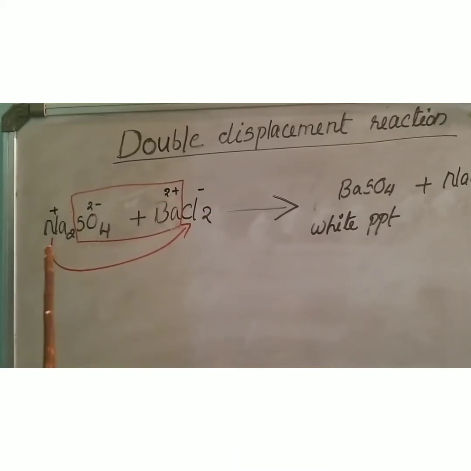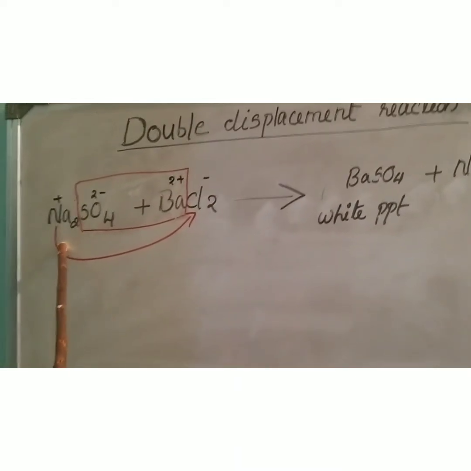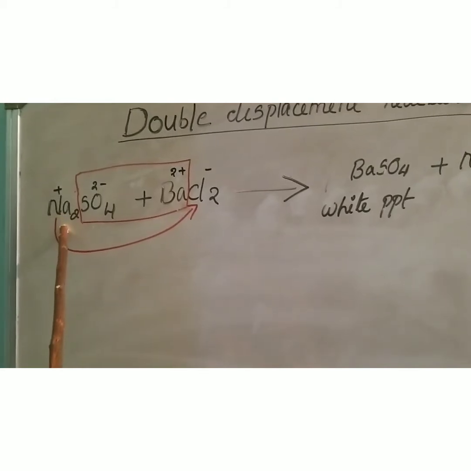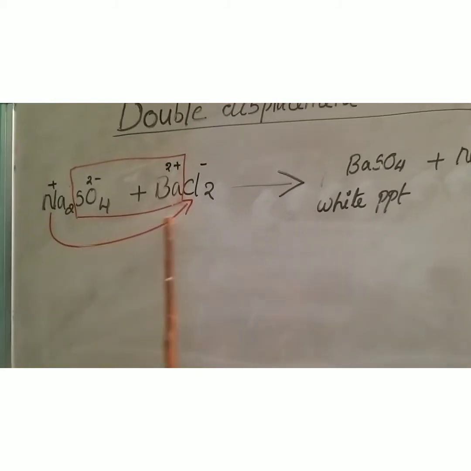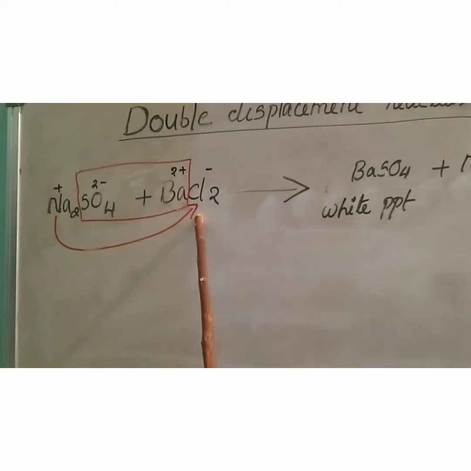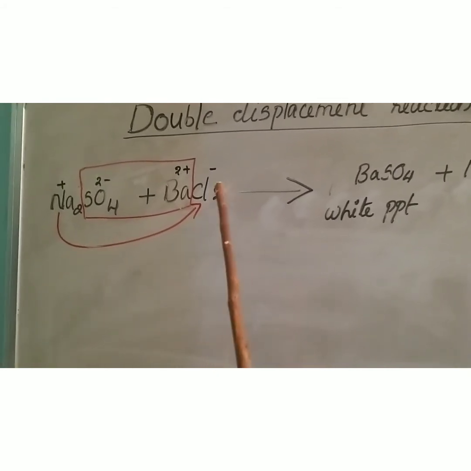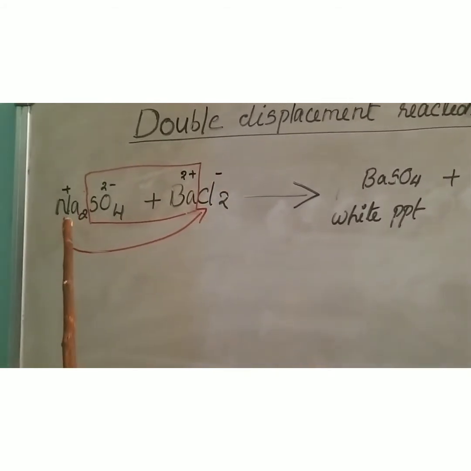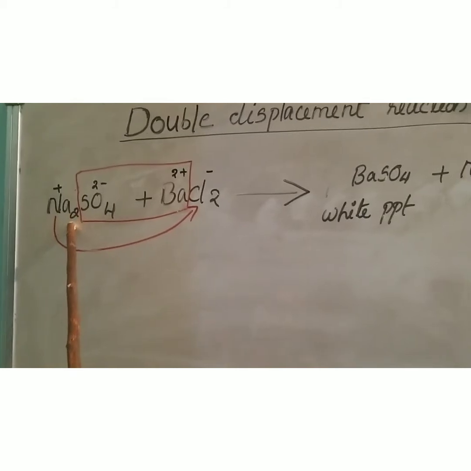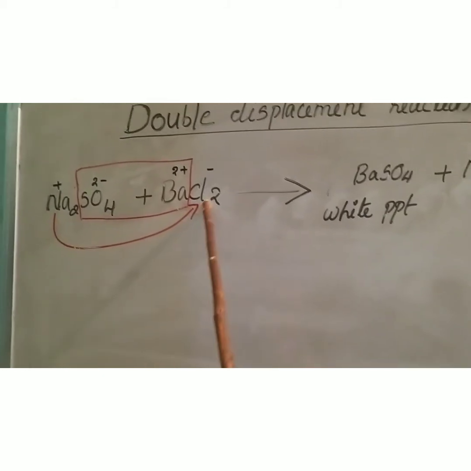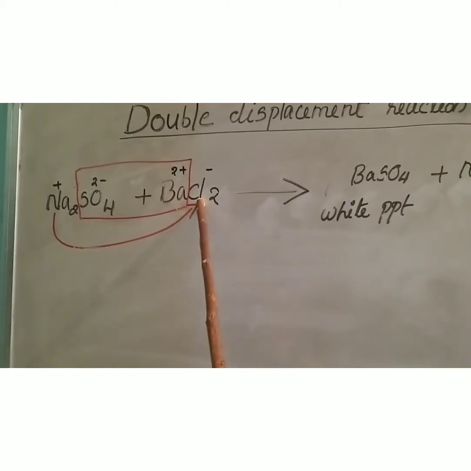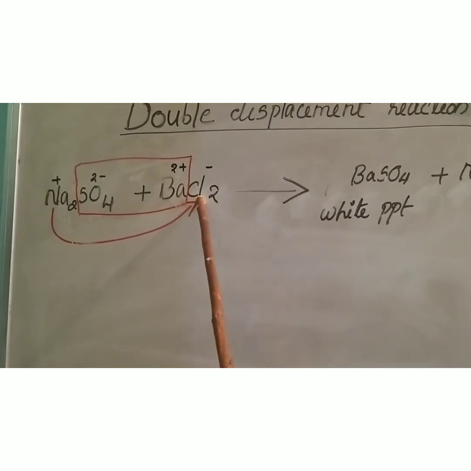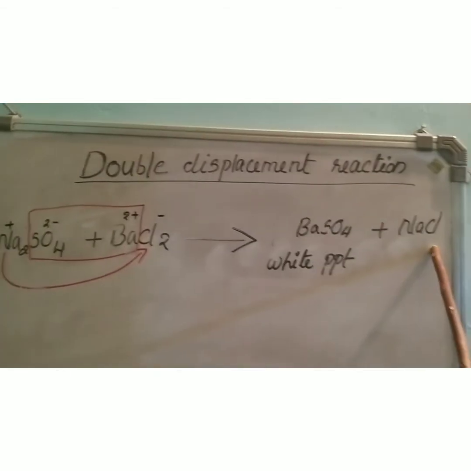Here, the positive part of sodium sulfate, that is sodium ion, combines with the negative part of barium chloride, that is chloride ion, to form sodium chloride.